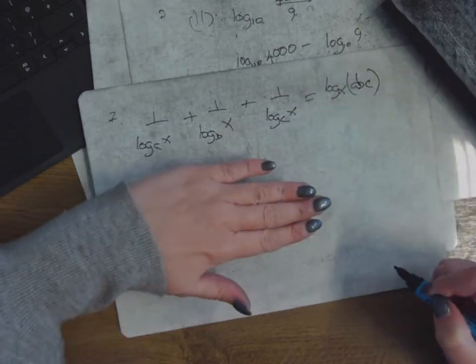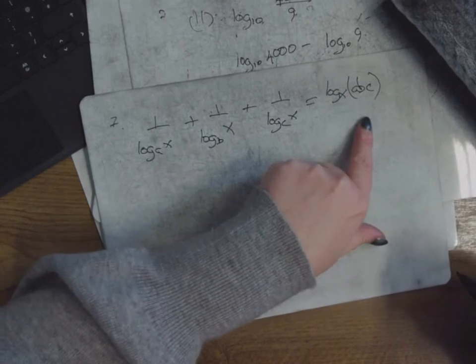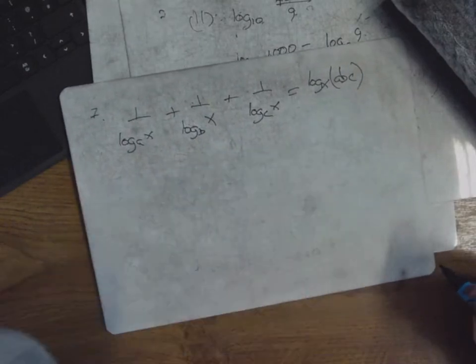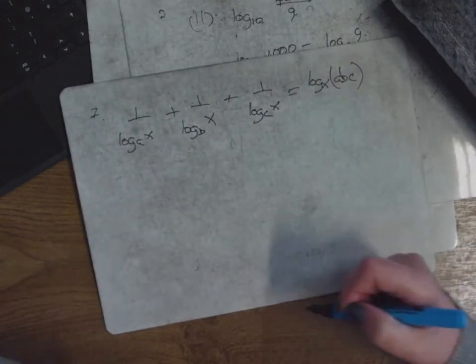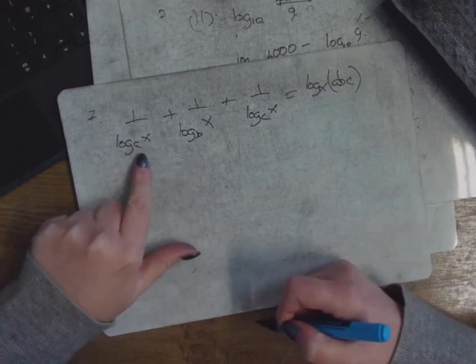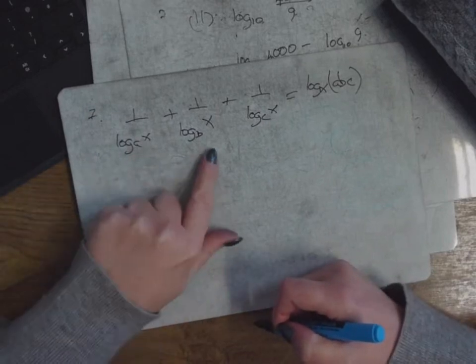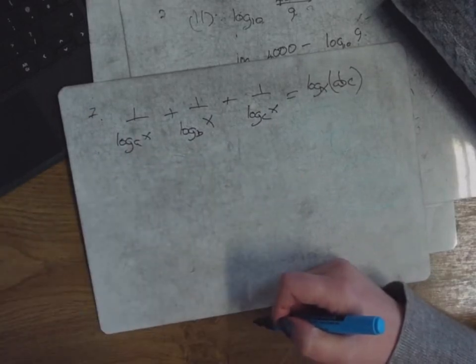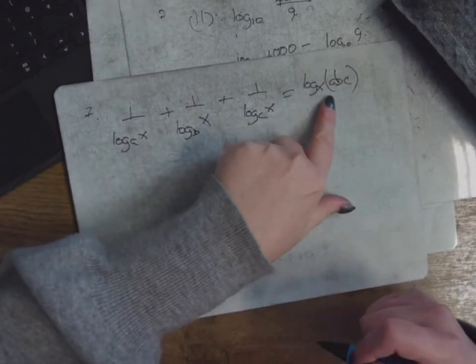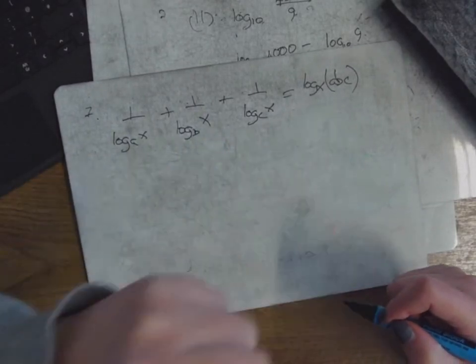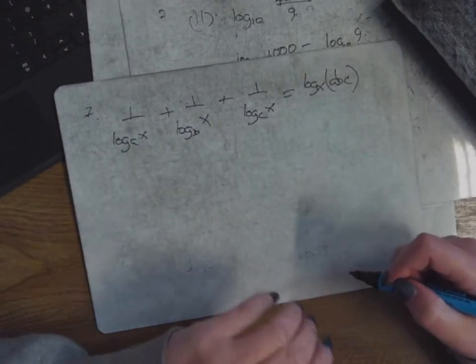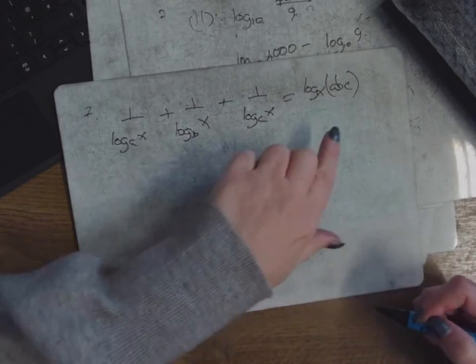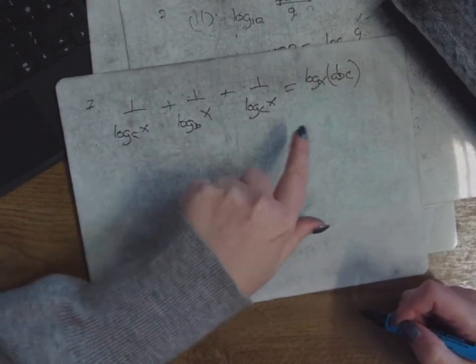So I'm going to manipulate the left hand side and turn it into that. This is in the base a, this is the base b, this is the base c, so all the bases are different, and the answer is the base x, isn't it? So I need to change all of these to a base x.